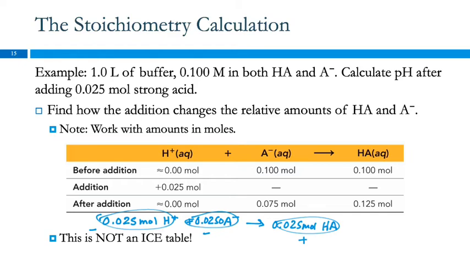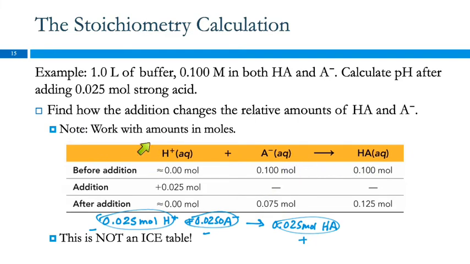Yes? The HA is the weak acid, right? This is the weak acid, yep. So even though there's more of the weak acid, it doesn't fully dissociate. So we have initially a lot of the conjugate base and the weak acid.